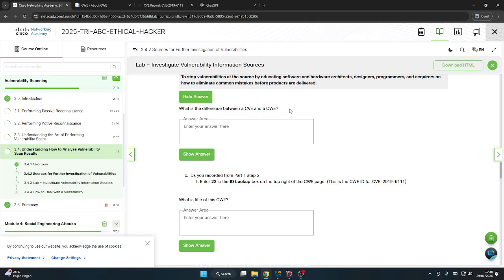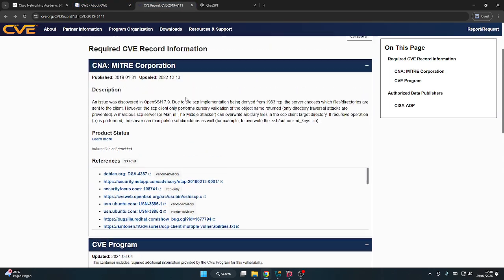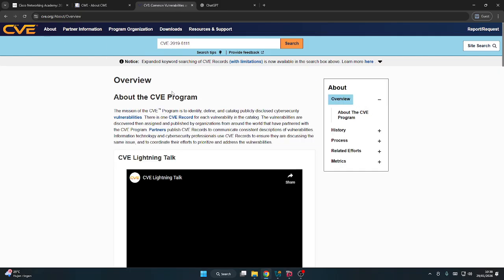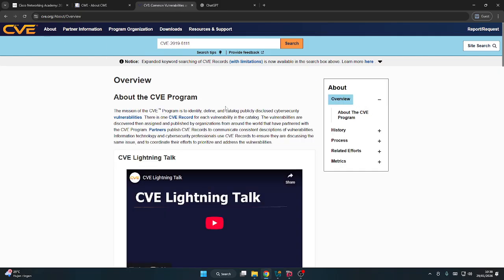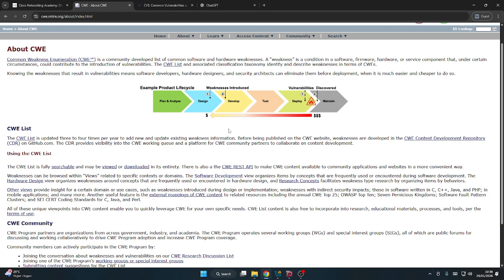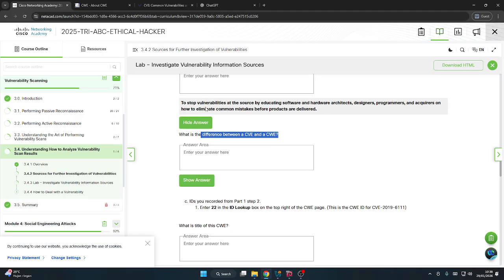What is the difference between CVE and CWE? The CVE is to identify, but the CWE is maybe to eliminate.